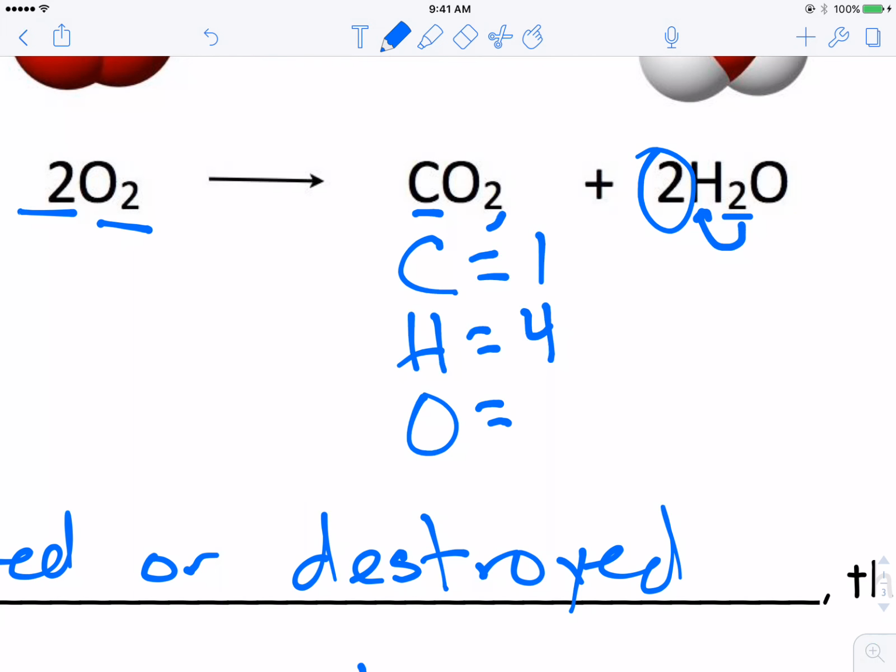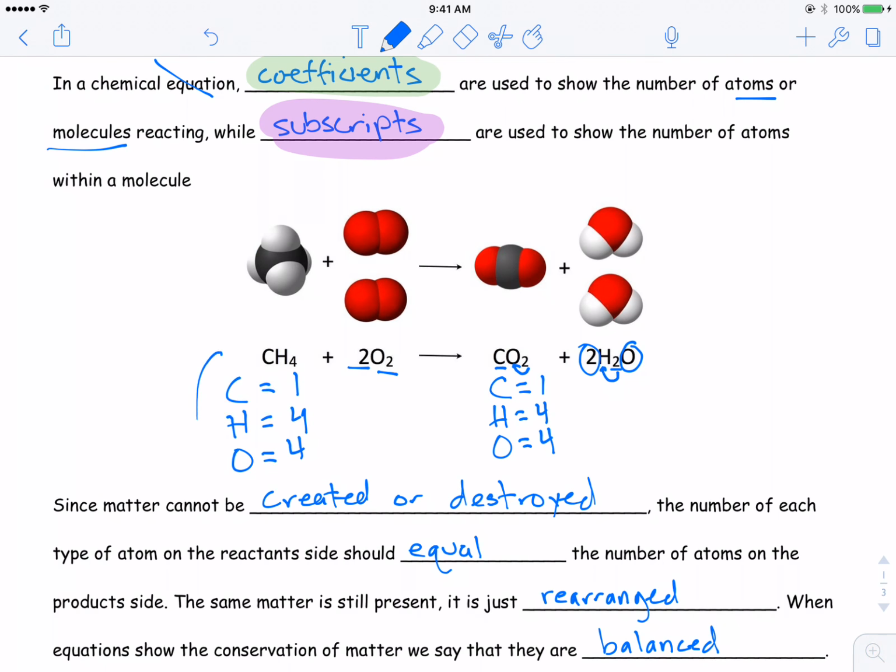I have 2 oxygens in CO2, and in each of the 2 water molecules I have 1 oxygen, so that's another 2 for a total of 4. So the number I have here of each atom, and the number I have here of each atom is the same. So this equation shows the conservation of matter.